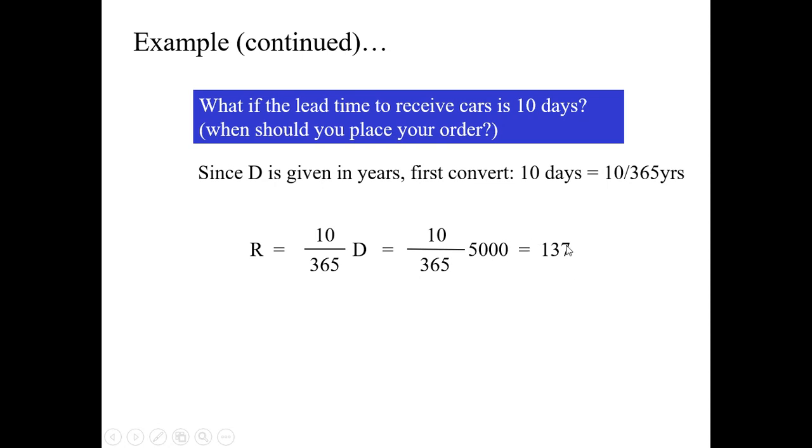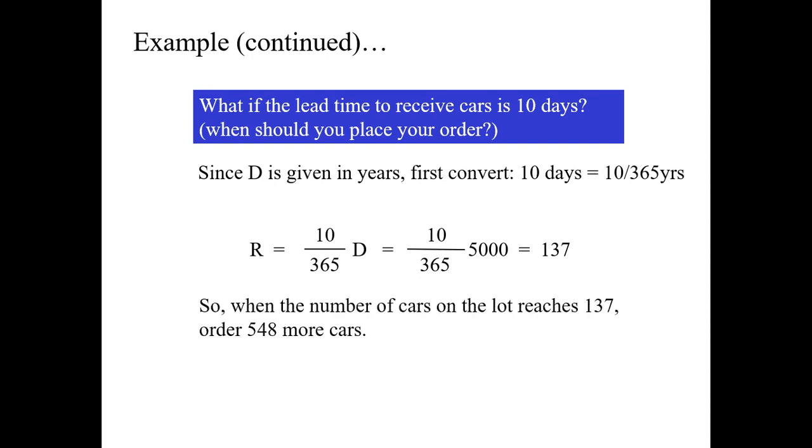This gives exactly the reordering point, which is 137. What does it mean? When the stock becomes 137, we should make an order so that we wouldn't have any shortage. We order when the stock reaches 137, and how much to order? 548 cars.